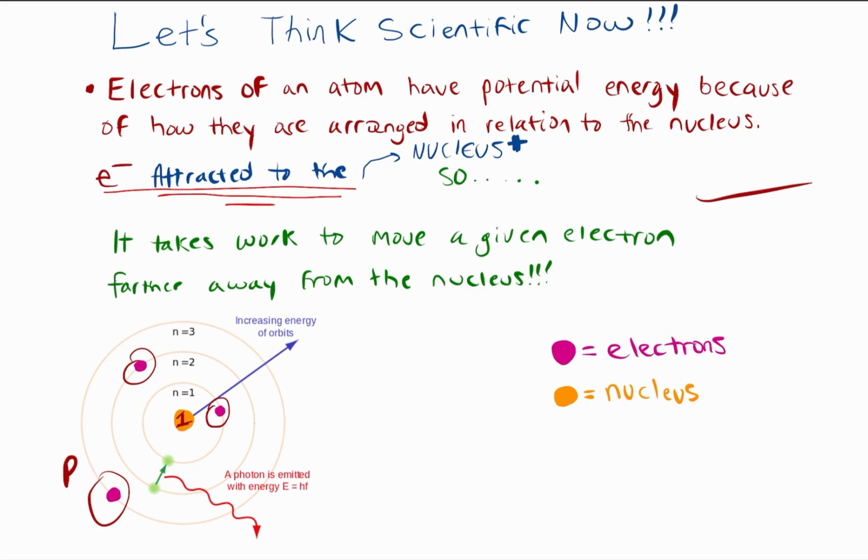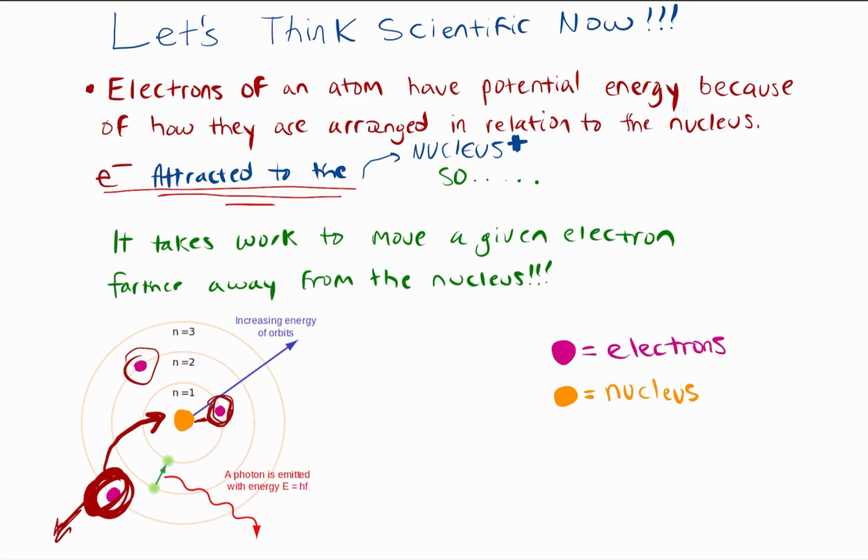So let me kind of backtrack here and give you guys an idea of what I'm talking about. So we have 3 electrons. We have one that's way, way far out, and we have one that's real close to the nucleus. It will take work for this electron to be moved closer to that nucleus, right?